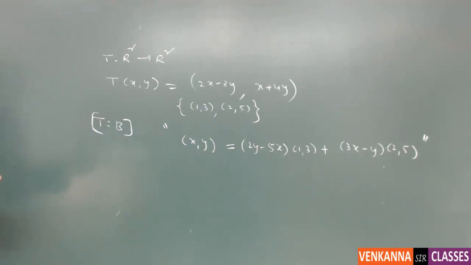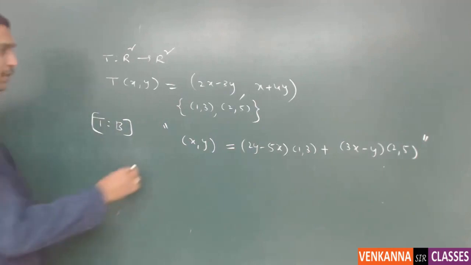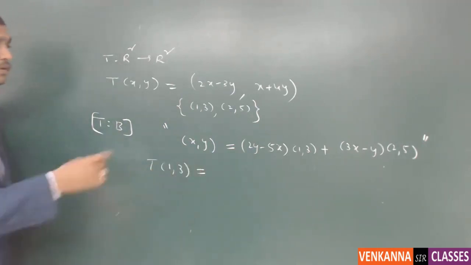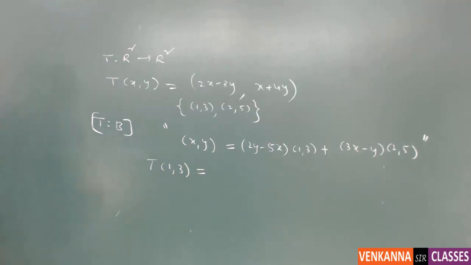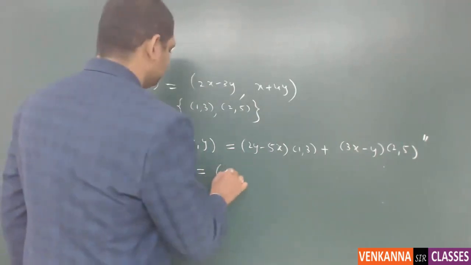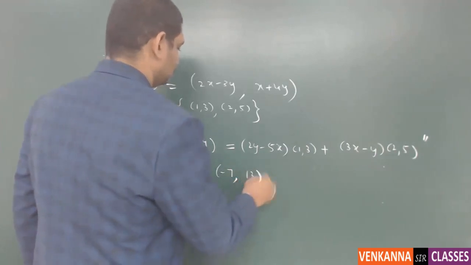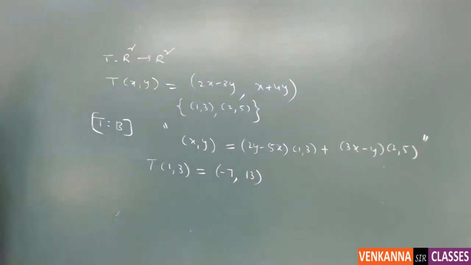Now I am entering into step 2. What is it? Applying the condition of T for the domain basis. So I am going to calculate T of (1,3). Using that value, it will be (-7, 13).